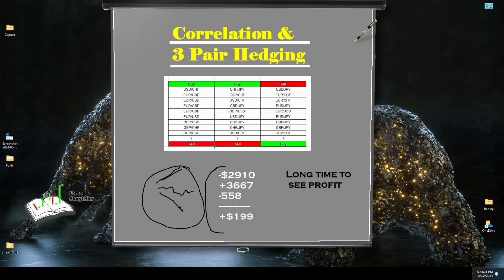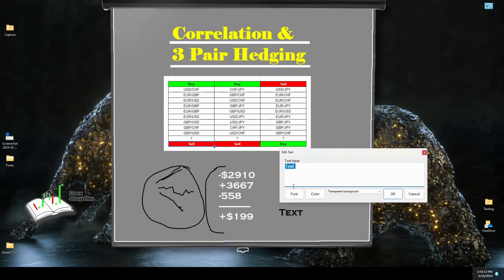It is good for a long-term portfolio setup, but you're going to have to give it quite an extended period of time. When I say extended, you're looking at 3 weeks to a few months to realize some actual profits.